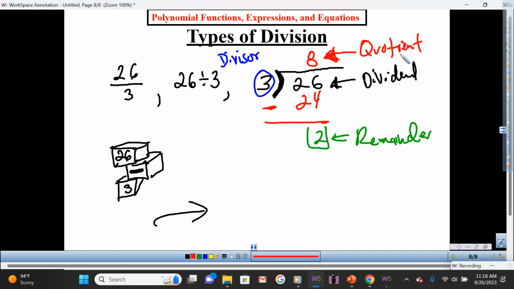Quotient. Is it coming back? Some of you are like, Mr. Q, we know all this stuff. All right? Copy this piece. Type of division, and then just copy this one, long division. So you can have the footprints or the blueprints.